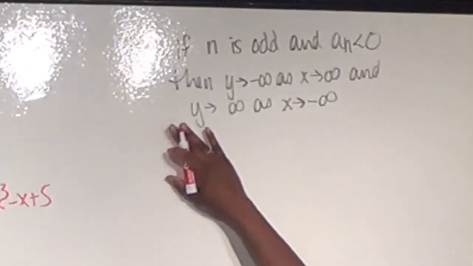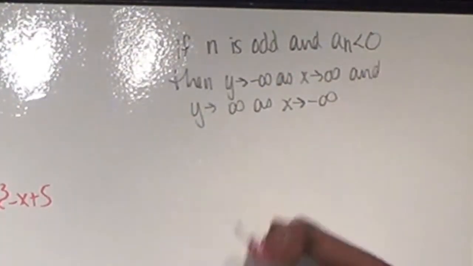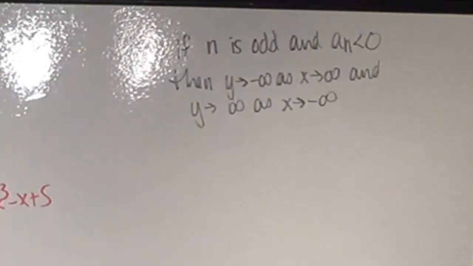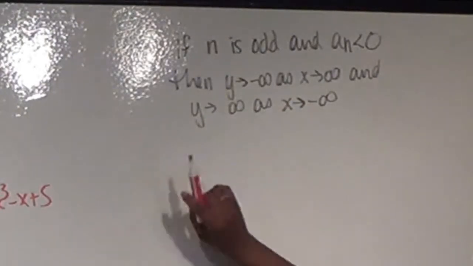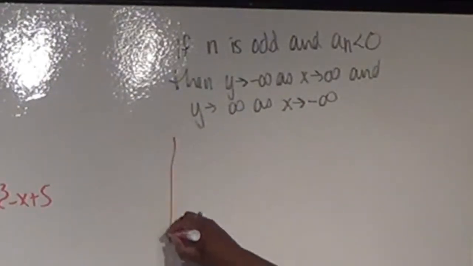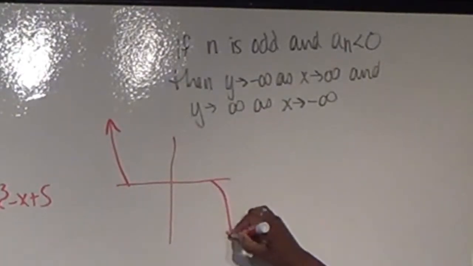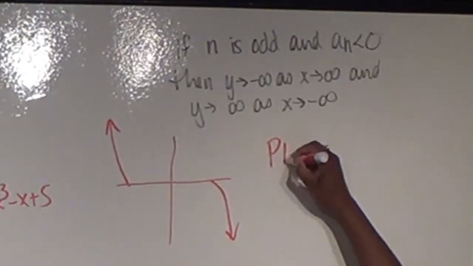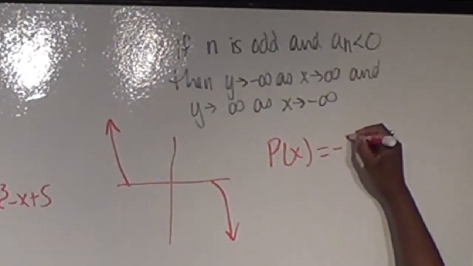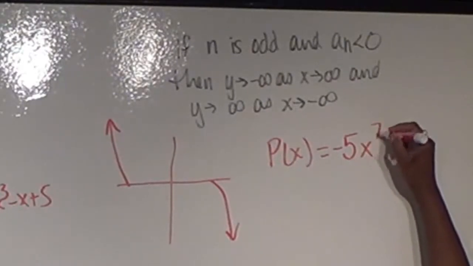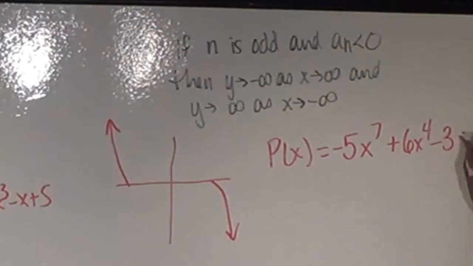Okay, so there's a picture of what our end behavior will look like for that one. Okay. And then the last case is if n is odd and our leading coefficient is less than 0, again we get them going in opposite directions. Y will go to negative infinity as x goes to infinity, and y goes to infinity as x goes to negative infinity. So here we're going the other direction. Okay, so an example of a polynomial like this would be, say, a negative 5x to the 7th plus 6x to the 4th minus 3.